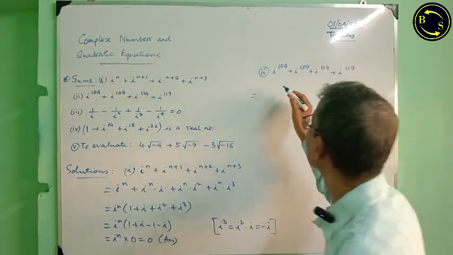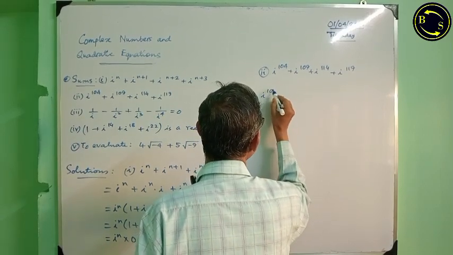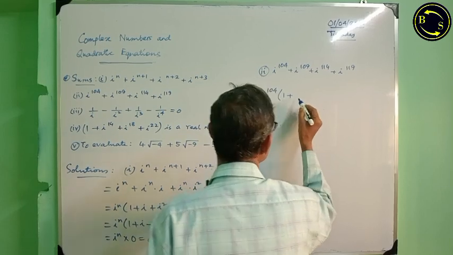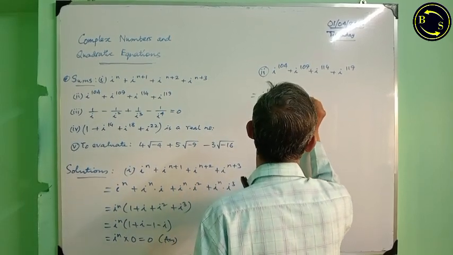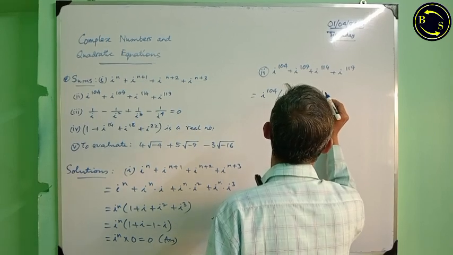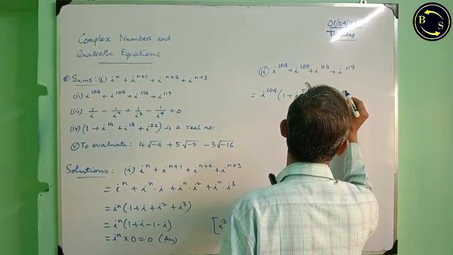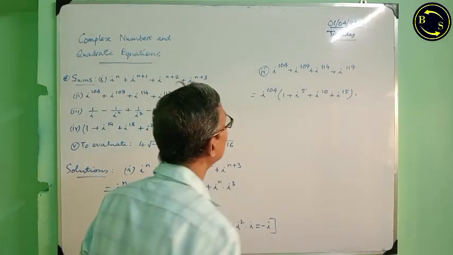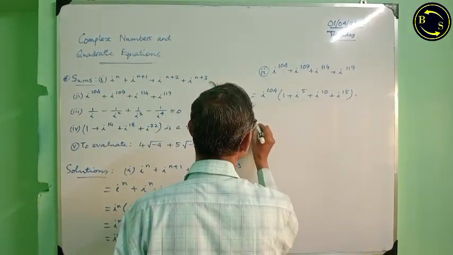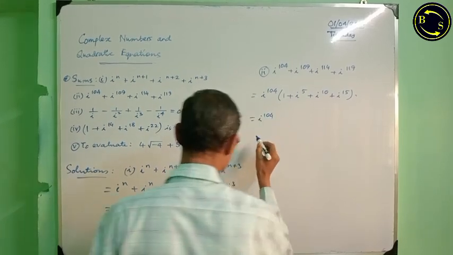Therefore I take i to the power 104 as the common factor. Now we calculate this.